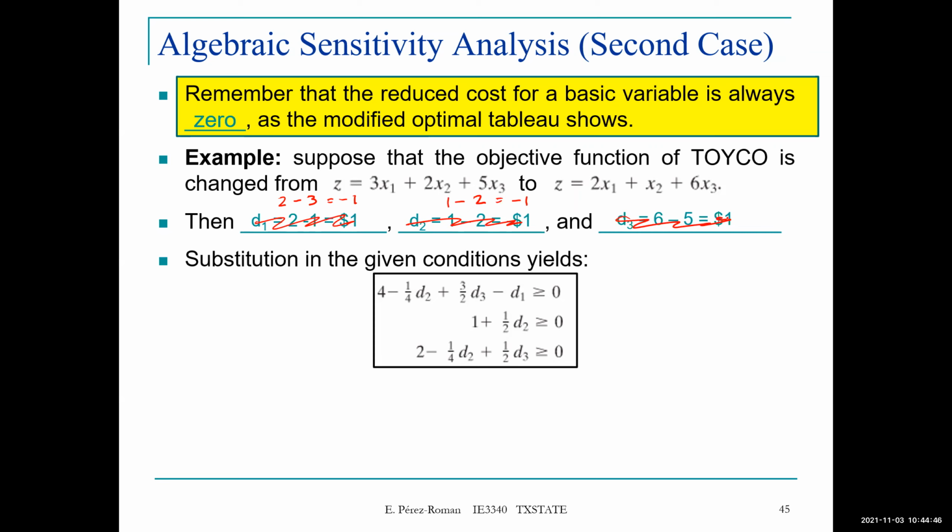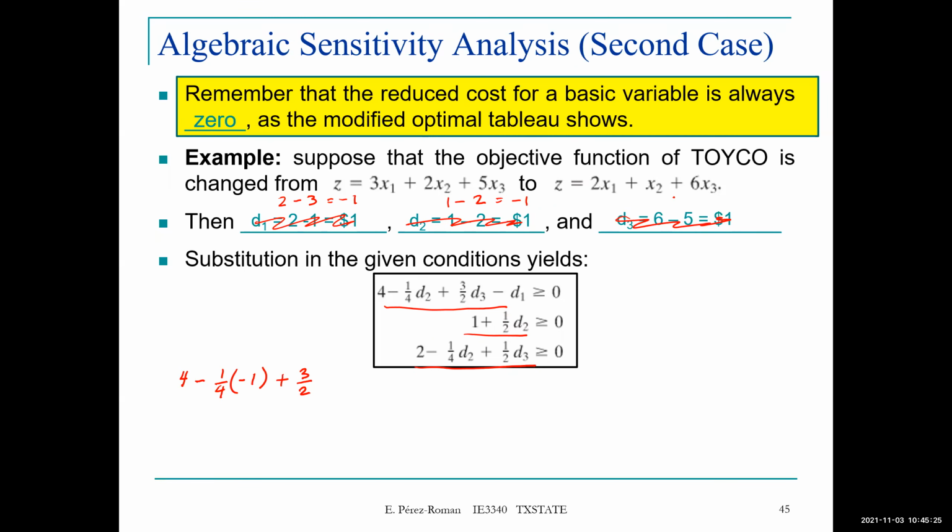And then let's see if this makes sense. So the substitution in the given conditions yields 4. So these are the conditions that we need to meet, right? So let's look at the first one. The first one is saying 4 minus 1/4 times D2, which is minus 1, plus 3/2 D3.